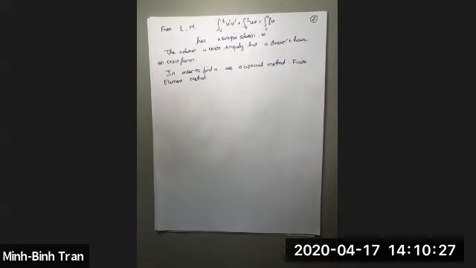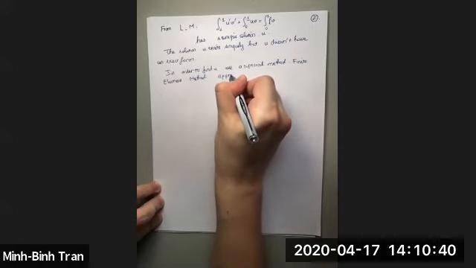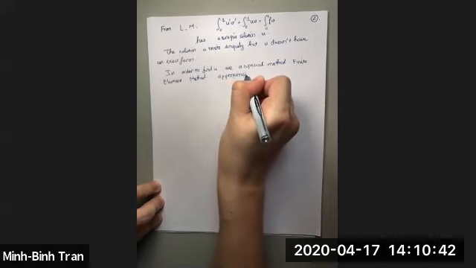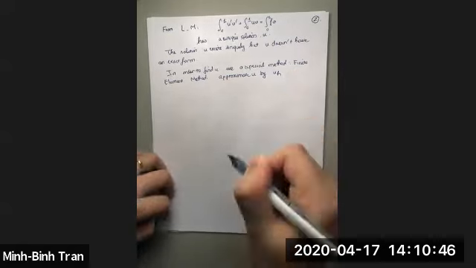We cannot solve u explicitly. We have to approximate u, right? So we approximate u by u_h.